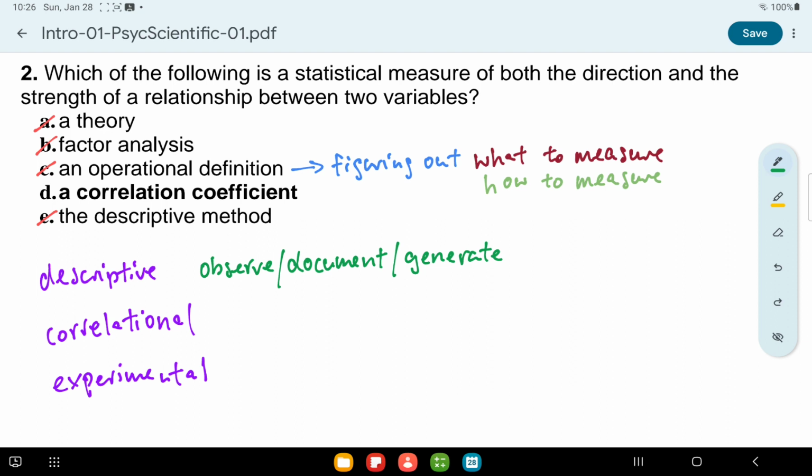Correlational, however, is the process to explore whether or not a relationship exists. A relationship, or simply put, a connection.